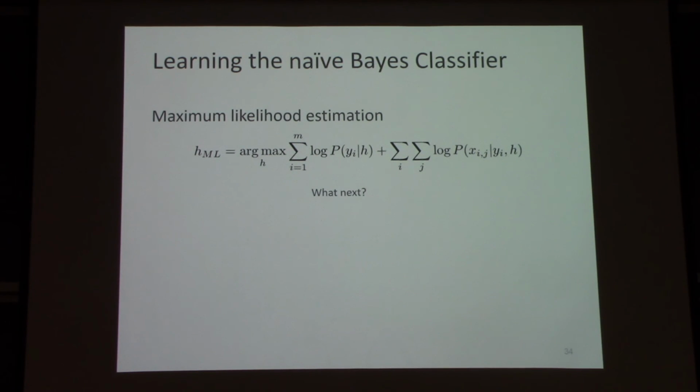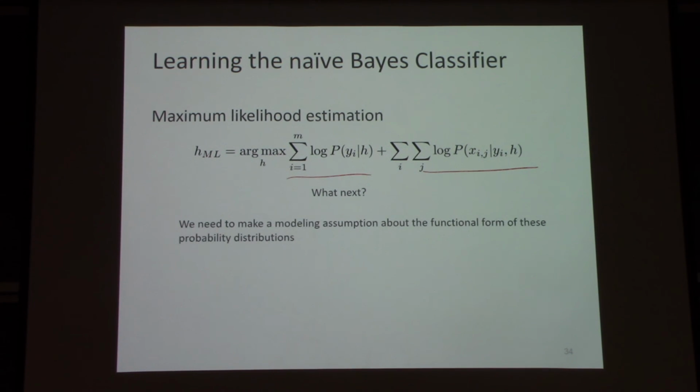At this point, we want to find the maximum value of the sum, but we've gone as far as we possibly could without commenting on what these probability functions look like. At this point, we need to make an assumption about the functional form of these distributions, because you can have different kinds of probability distributions and the behavior will change. I need to know what exactly these P's look like.